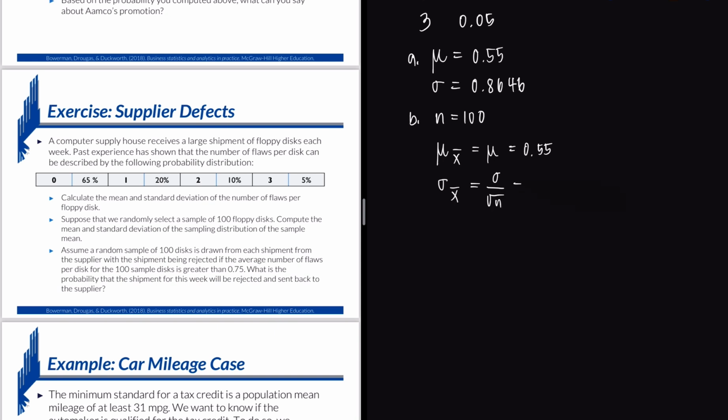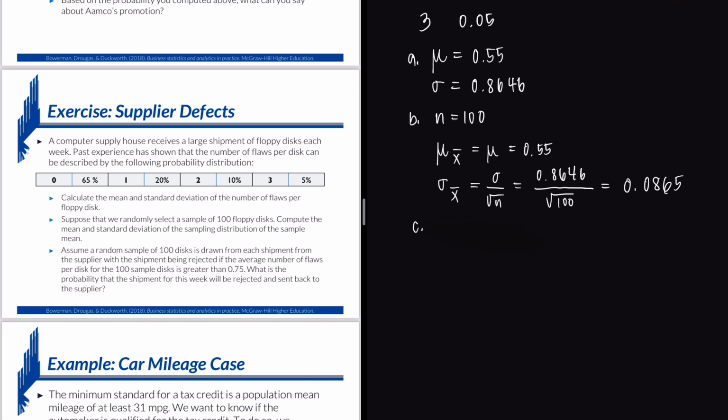So solving for this, that's 0.8646 over the square root of 100, which will give us roughly 0.0865. So again, we can just round this off to 4 decimal places, or if you want, you can use the exact values until we get the final answer.